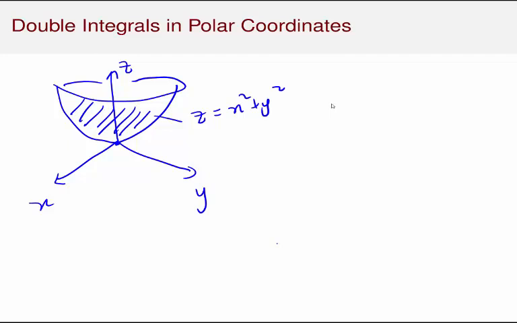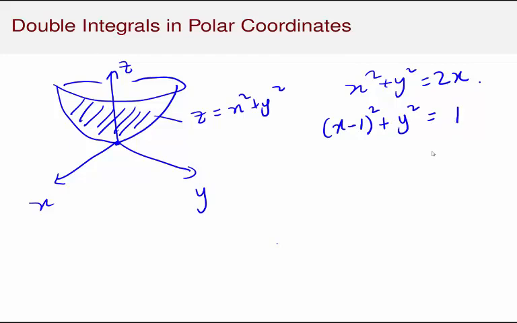Now let us sketch the cylinder given by the equation x squared plus y squared equals 2x. After completing the square, we have (x minus 1) squared plus y squared equals 1. This is a circle centered at the point (1, 0) with radius 1 on the xy plane.